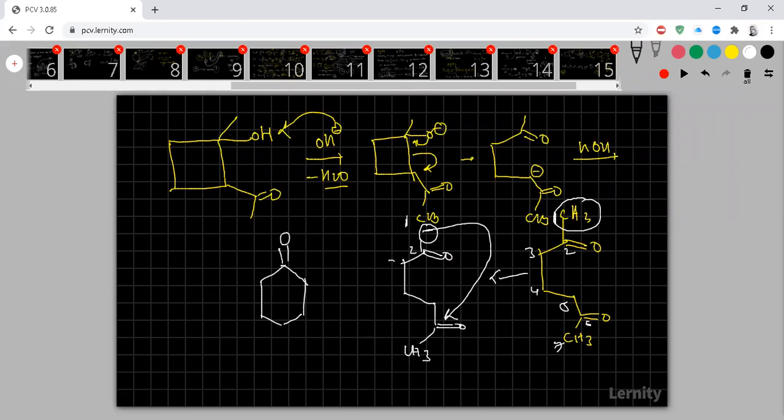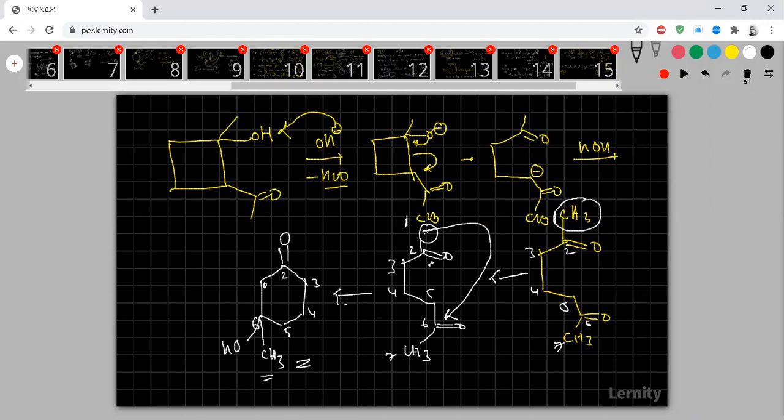Let's look at here 1, 2, 3, 4, 5, 6, 7. Let's assume that this is first carbon, this is second carbon, third, fourth, fifth, sixth. In the sixth carbon, we will get the OH and we will get the CH3. So this is the possible product we can expect, right?